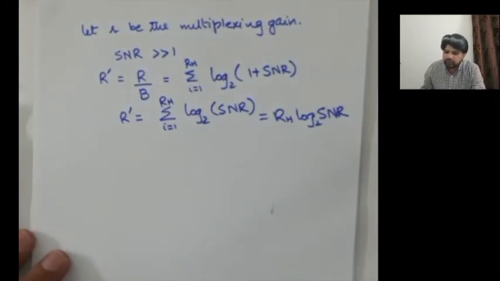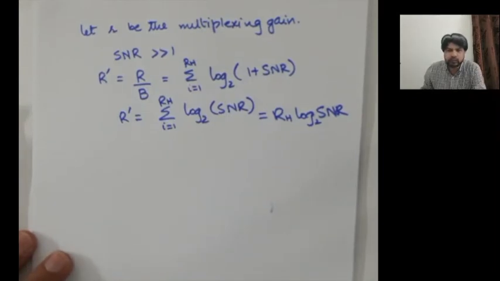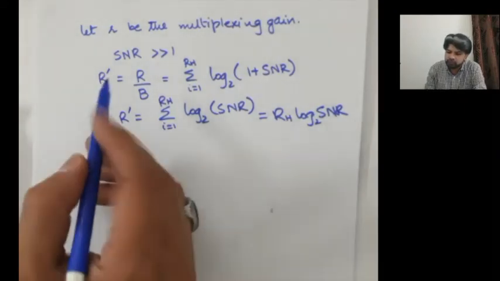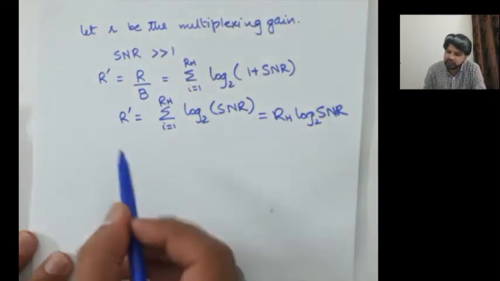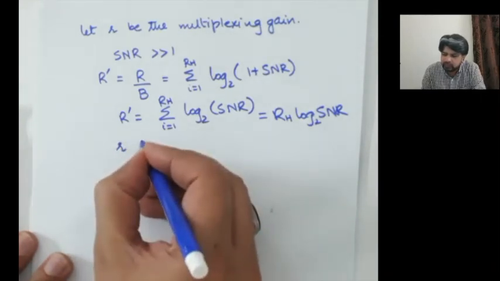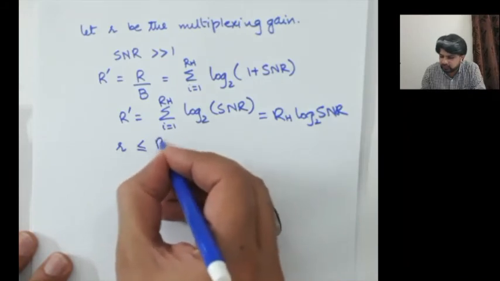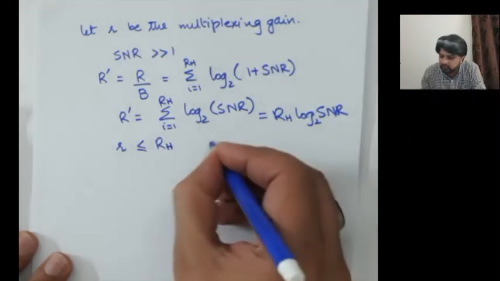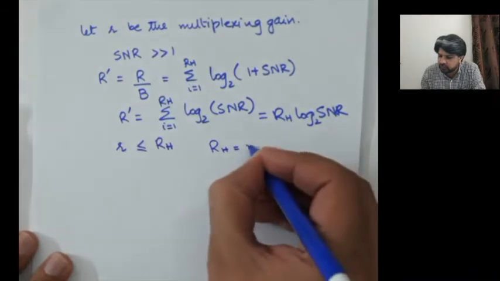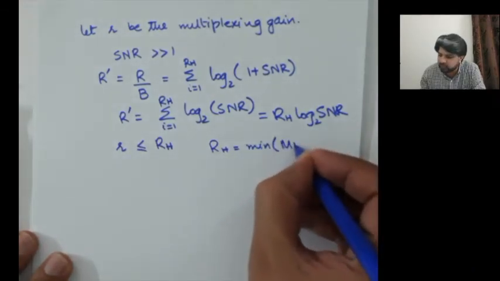This R prime is the maximum bits per second per hertz that you can transmit over a MIMO channel. So we define this multiplexing gain R, and we say that R is less than or equal to RH, where RH, remember, is the rank of the channel matrix, and if the channel matrix is full rank, that would equal the minimum of MT, MR.